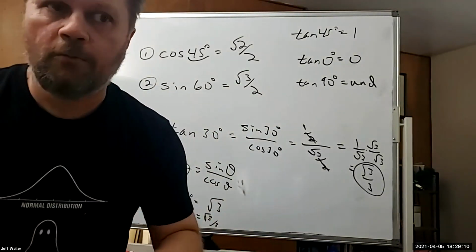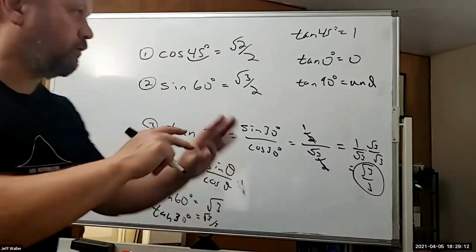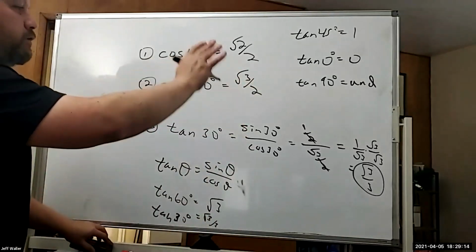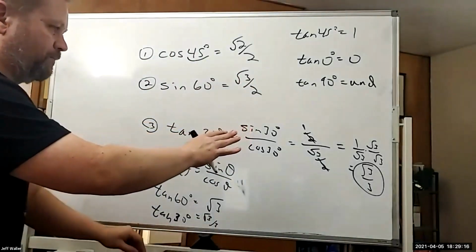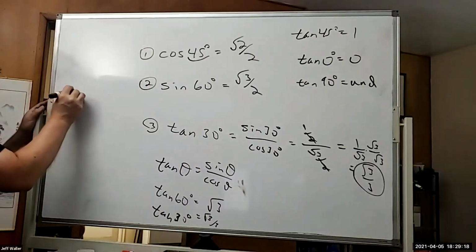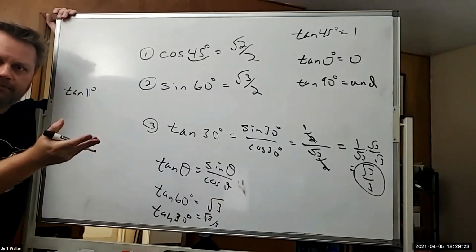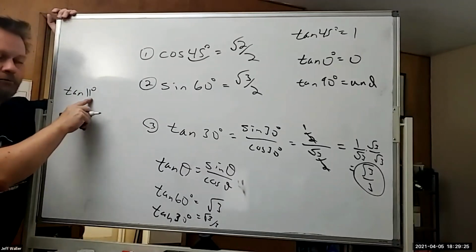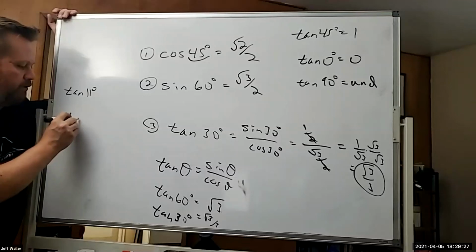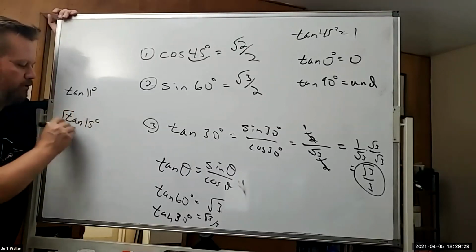These are the only ones that you have to have memorized. If I ask you what's tangent of 11 degrees, I've got to let you plug that in the calculator. There's not a value that we're going to memorize. But not too long from now, we're actually going to be able to do something like this by hand.